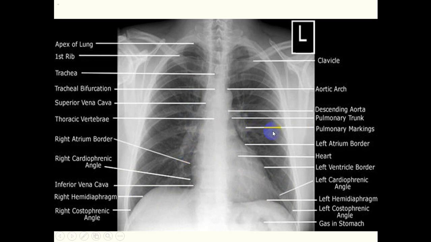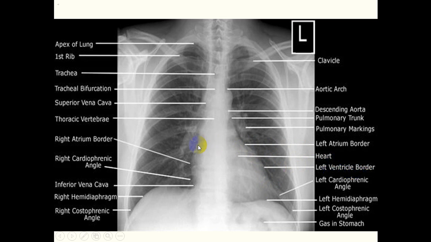On the radiograph, the arch of the aorta, when it is turning towards the left side, here on the left margin, forms the aortic knuckle here, and then the heart shadow shows that the upper part of the left margin is formed by the left atrium, a small part, but most of the heart shadow on the left margin is formed by the left ventricle.